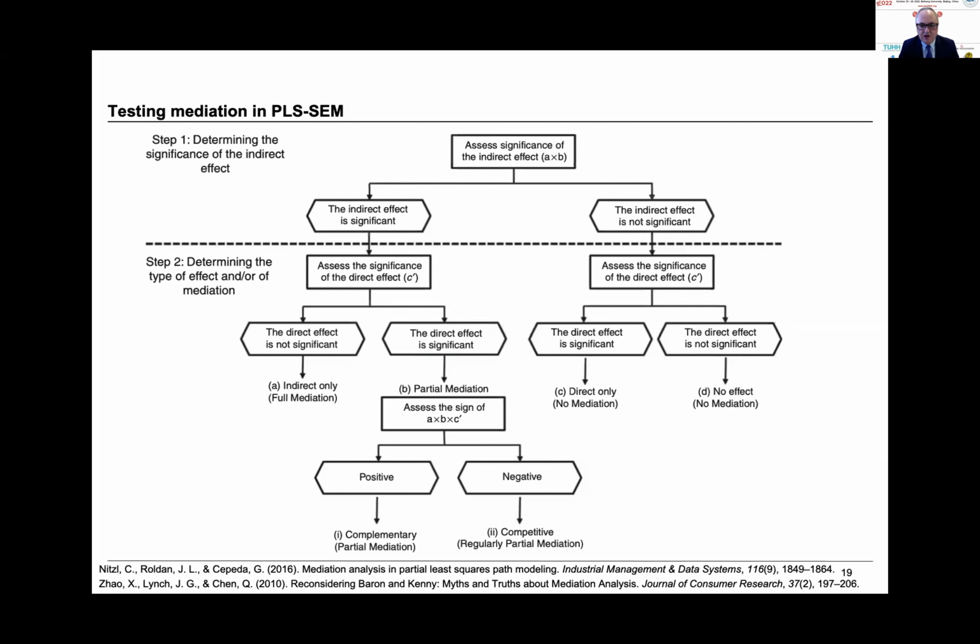In step 2, we establish the type of effect or mediation. Therefore, if the indirect effect A times B is significant, we assess the significance of the direct effect C prime. If the direct effect is not significant, there is only an indirect effect.